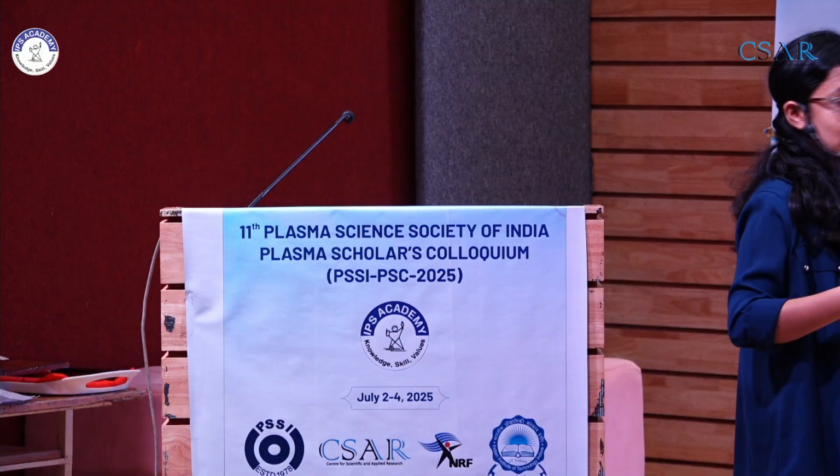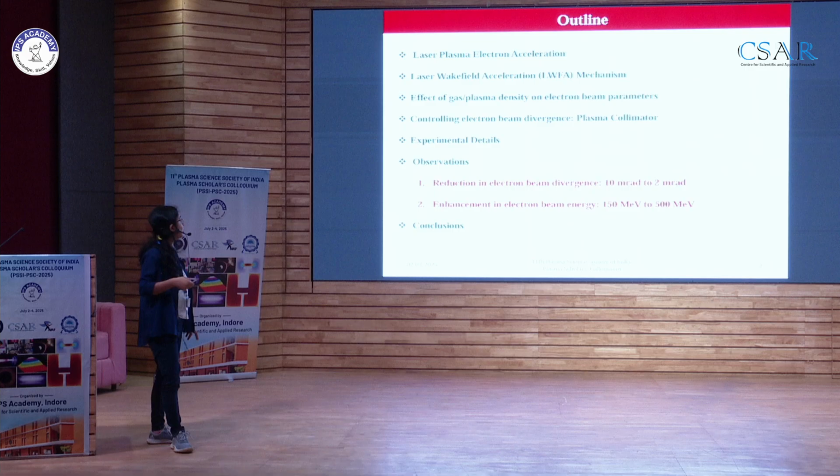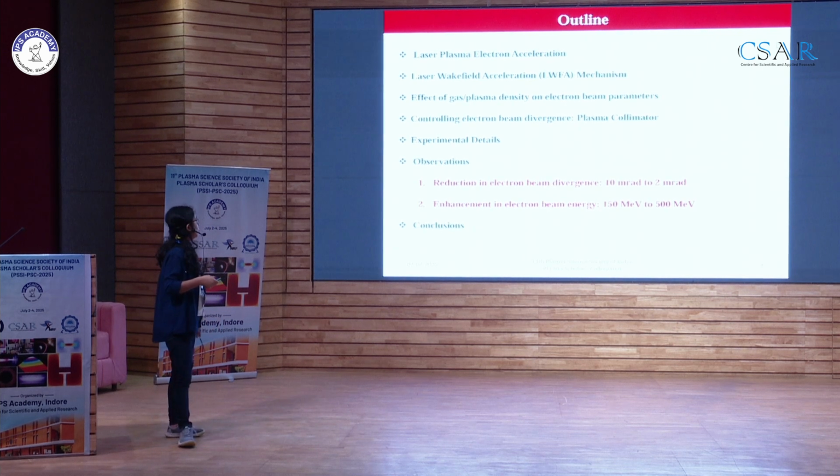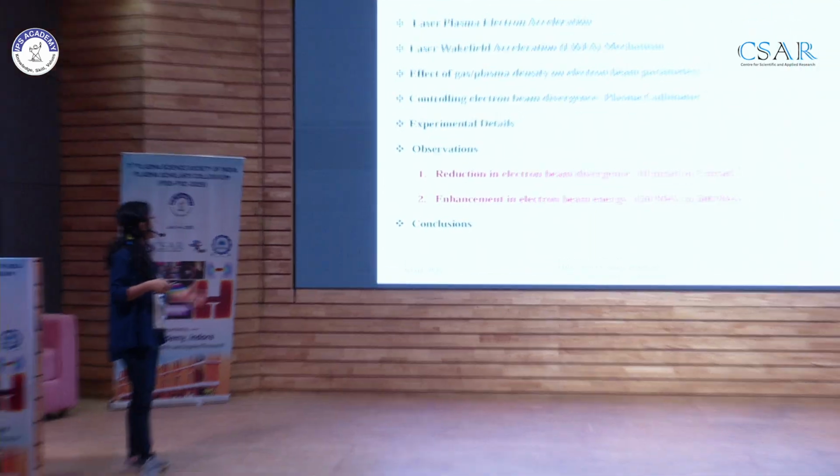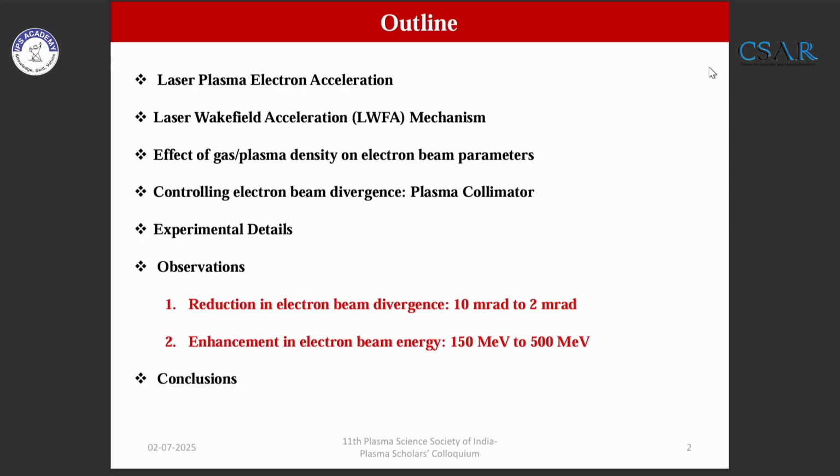First, I will discuss laser plasma electron acceleration, then the basics of the laser wake field acceleration mechanism. Then I will come to the effect of gas or plasma density on electron beam parameters. How can we control electron beam divergence by making use of a plasma collimator, which is the main theme of my talk.